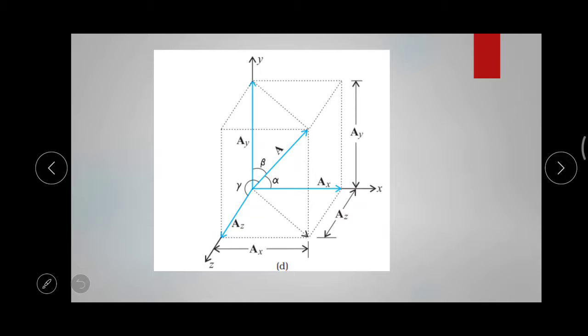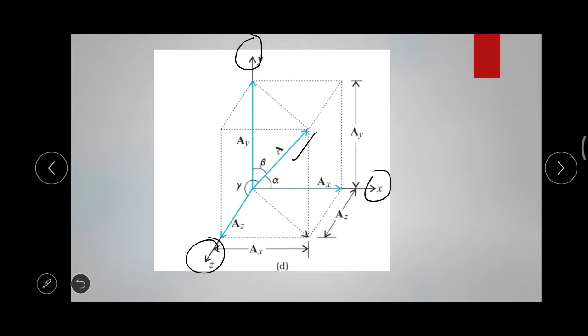So now let us come to 3 dimensions. You can see the x, y and z axes are given, and here you have the vector A. This is the x axis, y axis and z axis, and the vector A is not in the plane, it is in space.